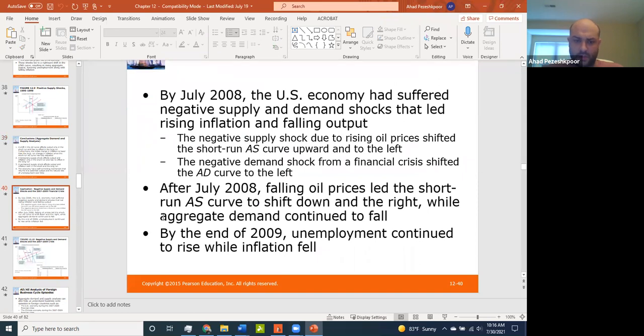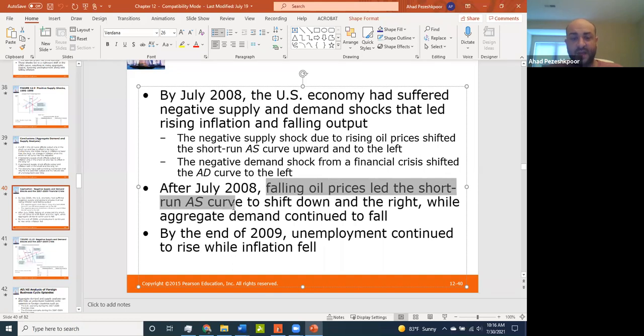Okay, so falling oil prices led the short-run aggregate supply curve to shift right. It was horrible, very bad for Venezuela, but for the rest of the world, the oil-buying countries, it was considered a positive supply shock, which caused the short-run aggregate supply curve to shift to the right.